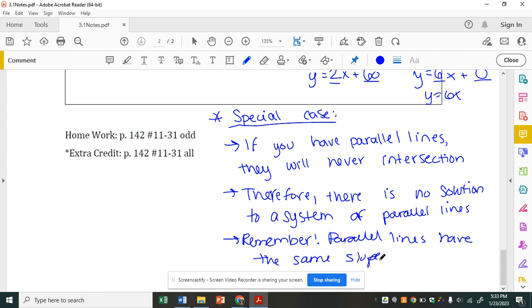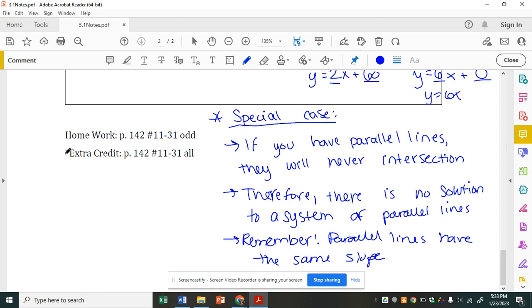Okay, so if you solve the equations for slope-intercept form, and you notice that the m value, the slope, on both of those equations is exactly the same, you don't even have to graph the equations on the coordinate plane, because automatically you know those lines are parallel, so they're never going to intersect to have that solution. If you didn't remember that and you did graph them anyways, you'll see that they have the same slope. They're never going to end up intersecting. Okay, so just something to remember.